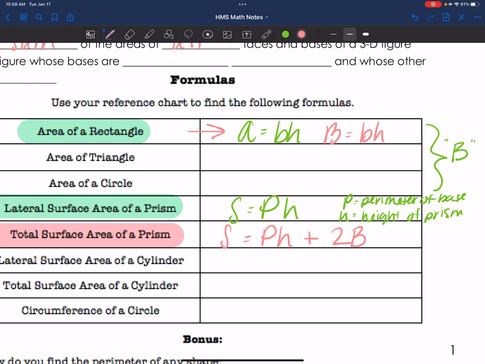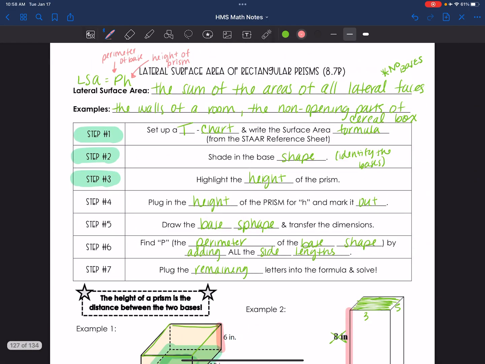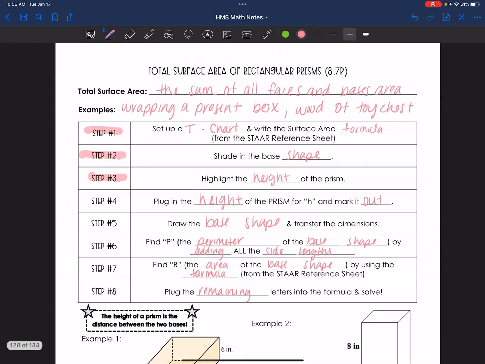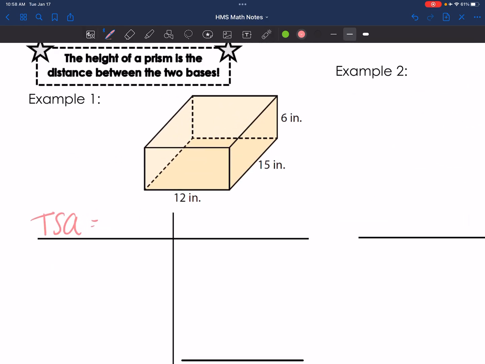So the perimeter of the base times the height plus twice the area of the base. All right. So let's write it down. Total surface area equals capital PH plus 2 capital B.